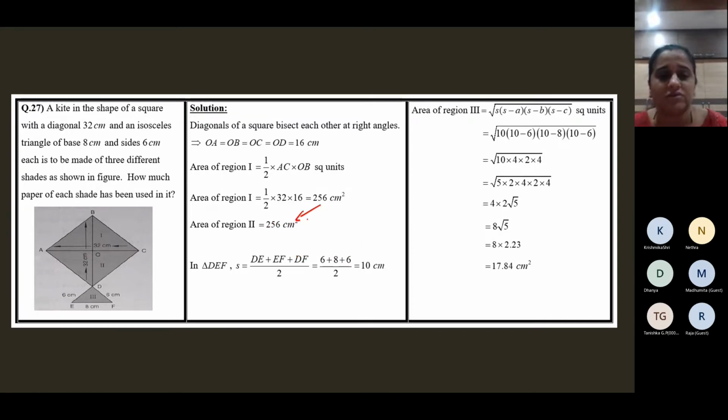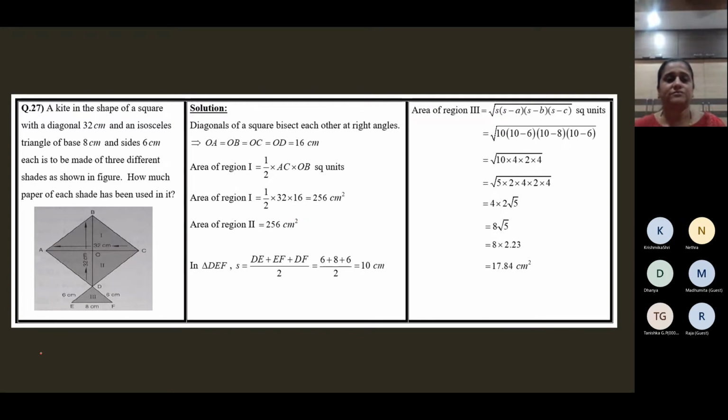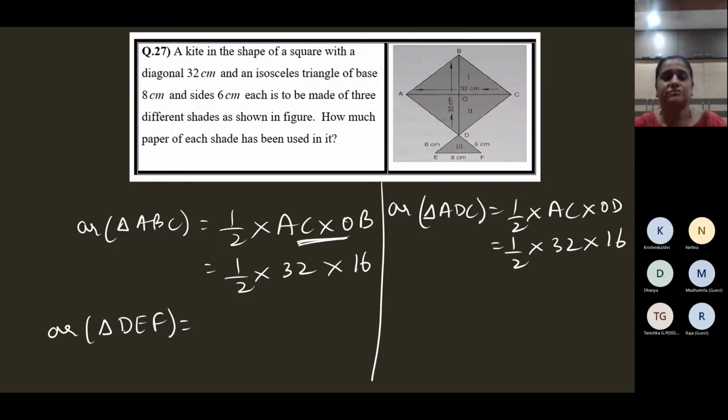I've just written the same answer here, 256, because they are identical triangles. You can work it out like I explained earlier. Done, children? Yes, sir.